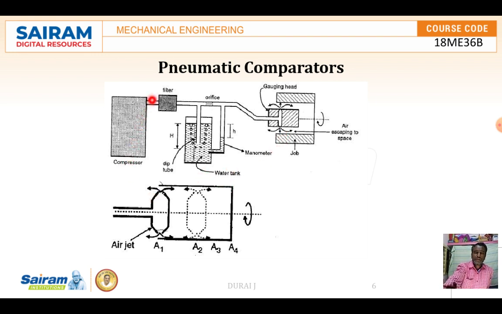With the help of the compressor, the pressurized air is sent over there. The filter removes the dirt particles, and the air goes via the small orifice into the gauging head. In the gauging head there are two openings, one on this side, another on this side. This gauging head we are going to keep inside the cylinder bore.